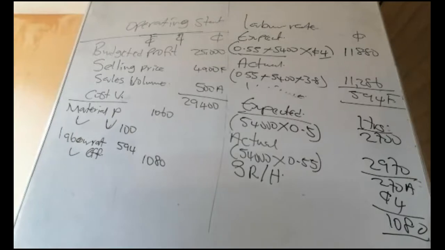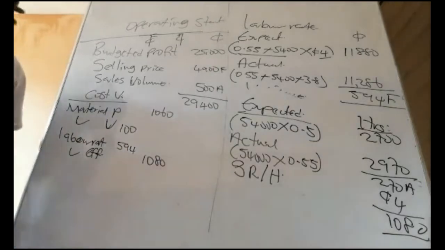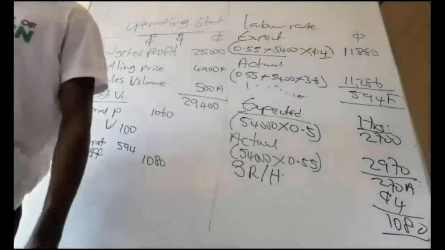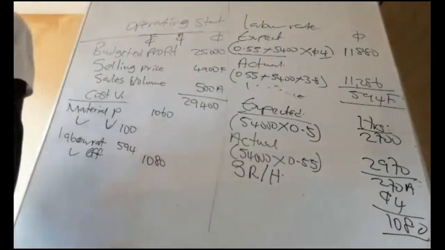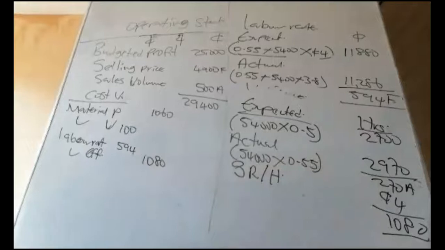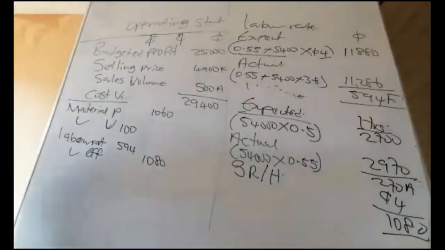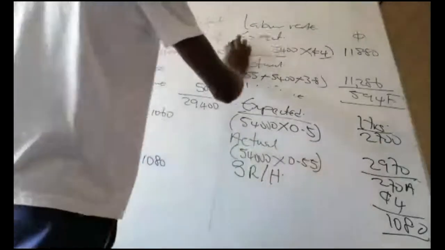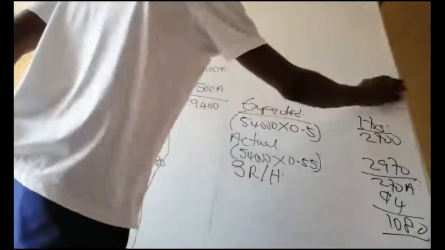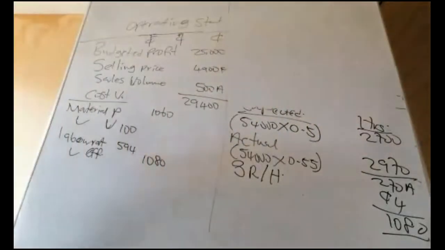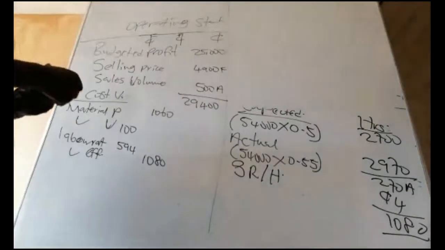Just that in the solution, they provided only one, which is not the best. So let's see how best we can do our own. We need the fixed overhead expenditure variance, then we go to efficiency and then the capacity.